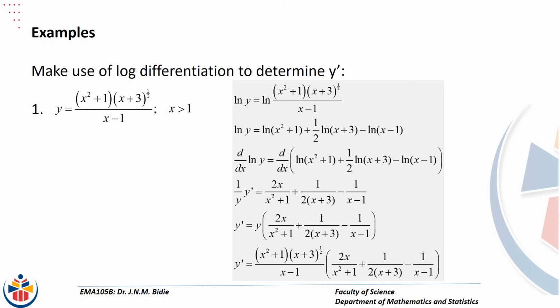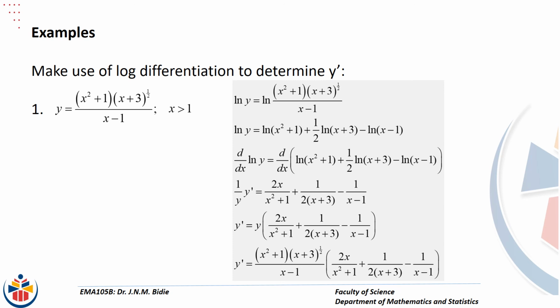The easiest route is log differentiation. So we introduce logs, and the easiest one to use is ln, the natural log on both sides. Remember that the rules for the natural log and the rules for the log base 10 are exactly the same.